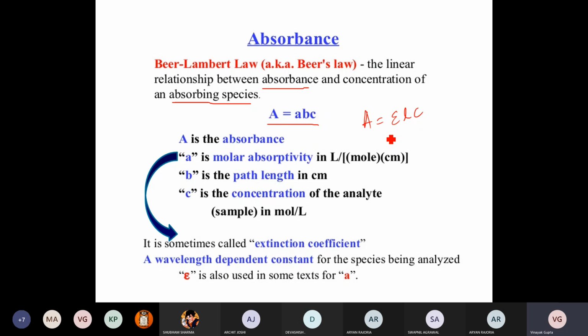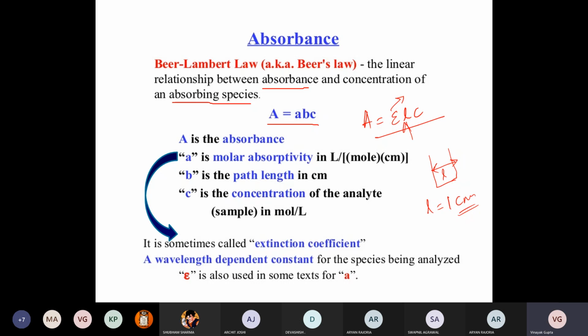A is equal to epsilon LC. Epsilon is the extinction coefficient for a particular molecule. L is the path length. Here you are putting your DNA sample in a sample holder or cuvette, so what is the path length here? That is L, and in most of these spectrophotometers, L is equal to 1 centimeter.